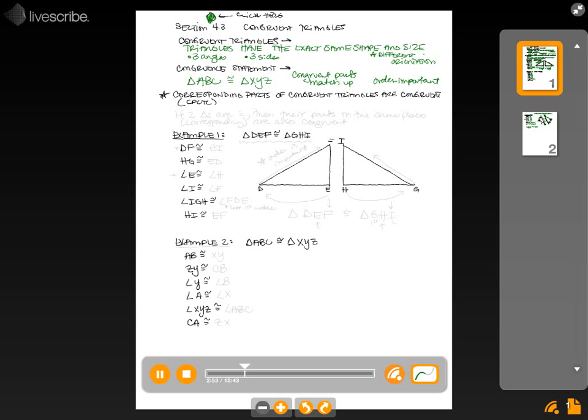This will become more important in a later example, but for today, what I want you to know is that if 2 triangles are congruent, and I'm abbreviating this, remember that's our symbol for congruent, then their parts in the same places, which is corresponding, are also congruent.